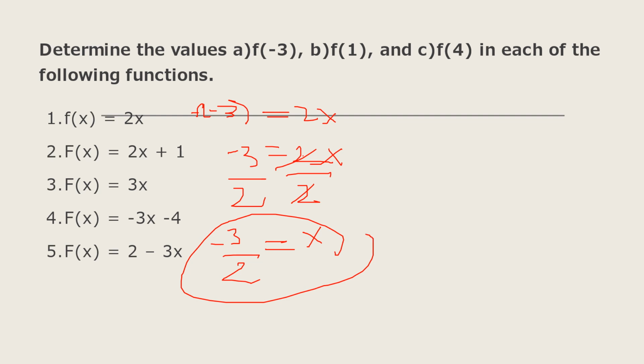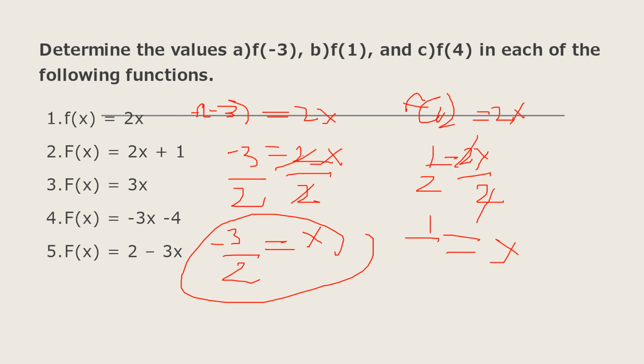Now let's try f is equals to 1. Okay. So we have here 1 is equals to 2x divided by 2. Okay. Therefore x is equals to 1 half. Right.